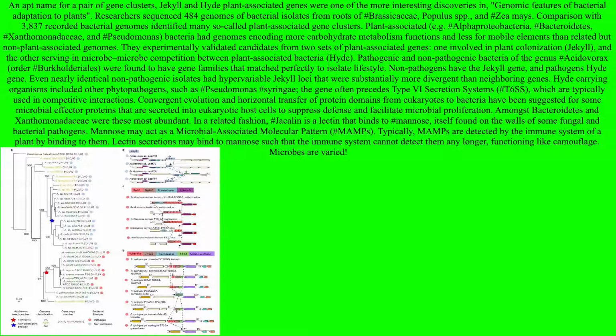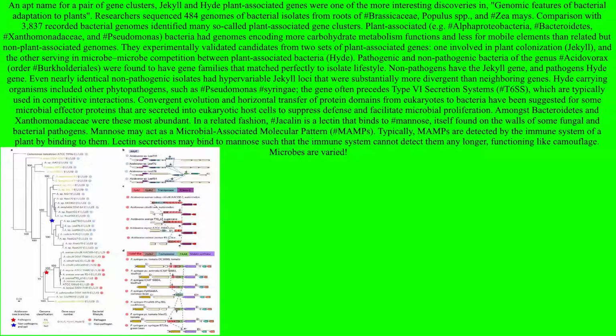Comparison with 3,837 recorded bacterial genomes identified many so-called plant-associated gene clusters. Plant-associated, for example, alpha proteobacteria, bacteroidetes, Xanthomonaceae, and Pseudomonas bacteria, all of which were hashtagged, had genomes encoding more carbohydrate metabolism functions and less for mobile elements than related but non-plant associated genomes.